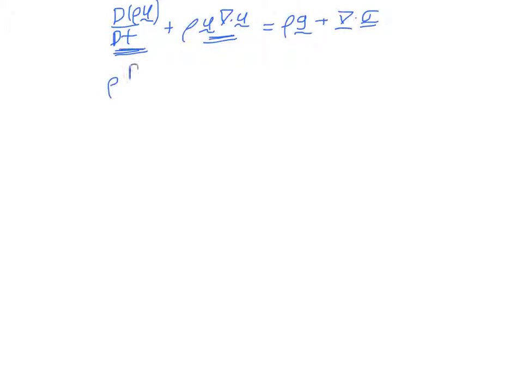We're going to get a rho times du/dt, which is a much more convenient form of momentum, and by the product rule this gives us another term which is u times d rho/dt. Okay, total time derivative of course. Now we can combine that with this term.